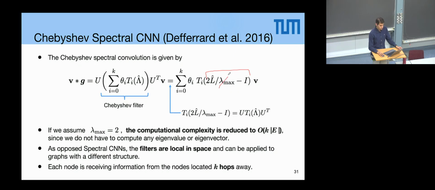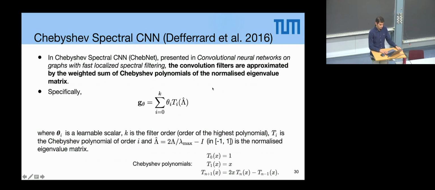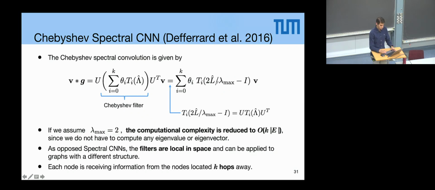And that's all. Another simplification that we do is assuming that the maximum eigenvalue is equal to 2, which is not a very strong assumption. It's quite common. So if you notice with this expression, once we have removed the maximum eigenvalue, we don't need to compute the eigenvalue decomposition of the Laplacian matrix. So now we don't have that time complexity scaling with the cube of the number of nodes.